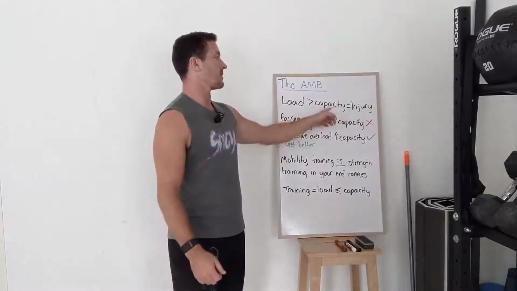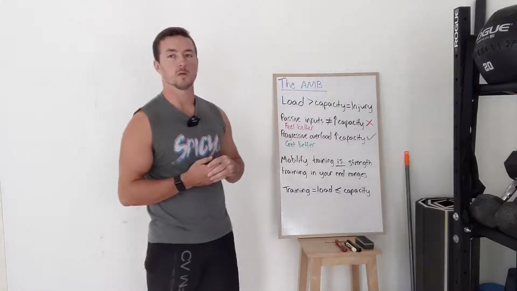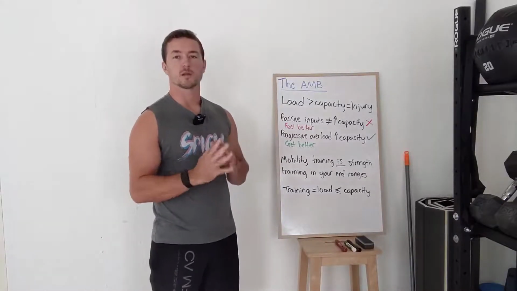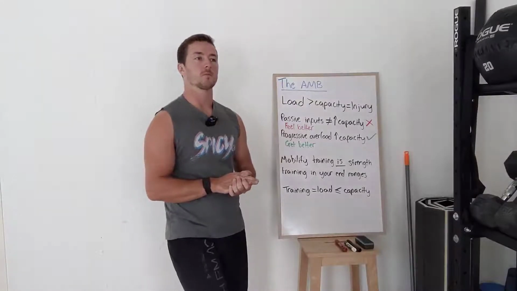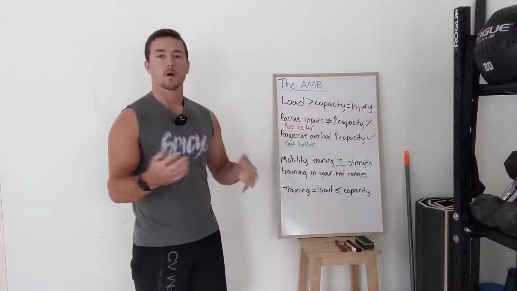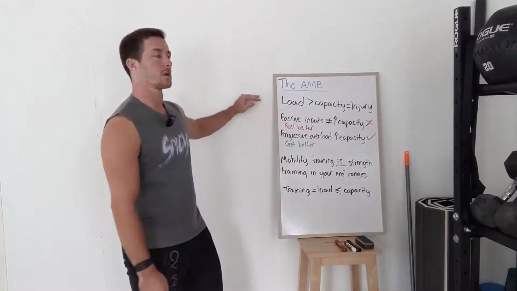And when that happens, we have an injury. So it could be a muscle tear, or a strained ligament, or a torn tendon or a broken bone, or a combination of all of these things. So that's how injuries happen.